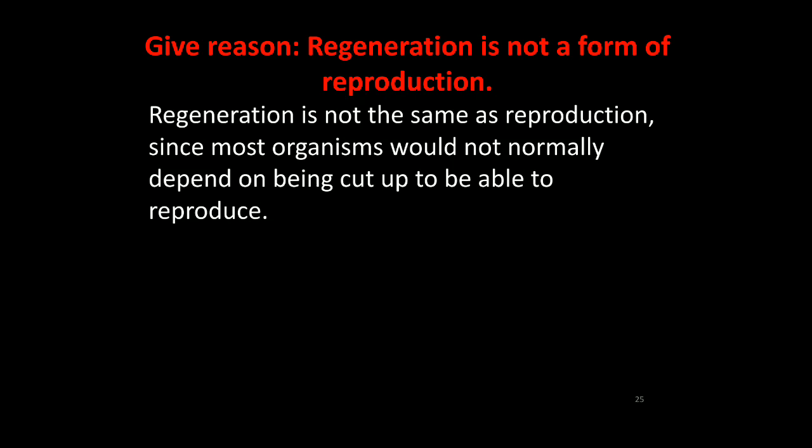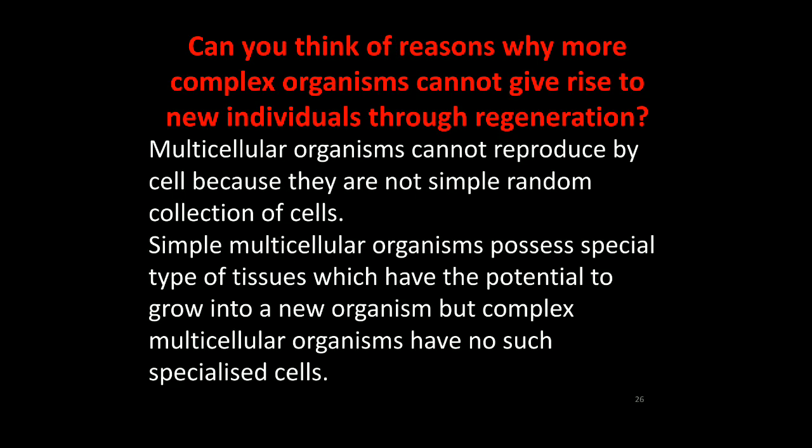Why should regeneration be reproduction? One body, one animal can be cut into many parts and many organisms will come. For reproduction, you cannot cut and become reproduction. It is a special ability for few animals only. Can you think of reasons why more complex organisms cannot give rise to new individuals?